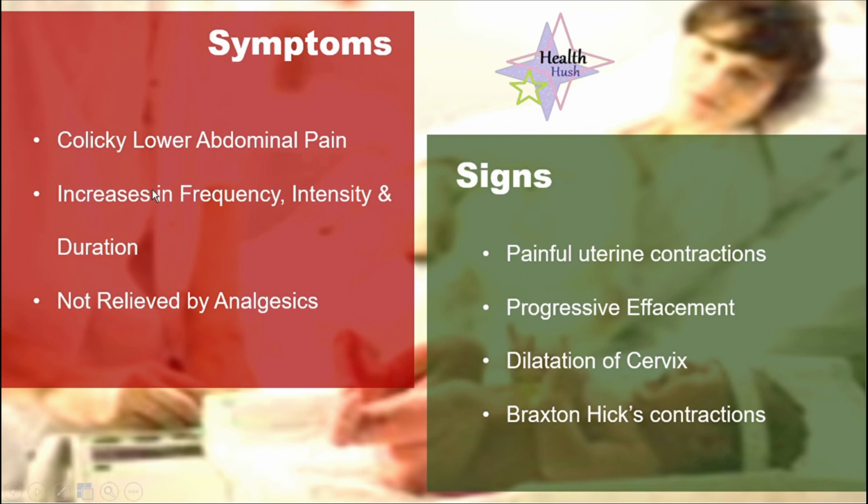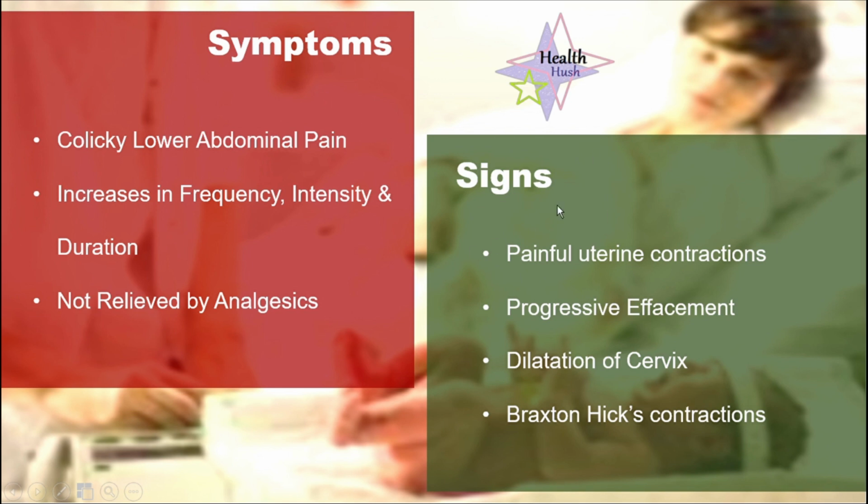This pain also increases in frequency, intensity, and duration with time, and it is not relieved by any sorts of analgesics. These symptoms are present in most pregnant mothers, but it can be absent as well.